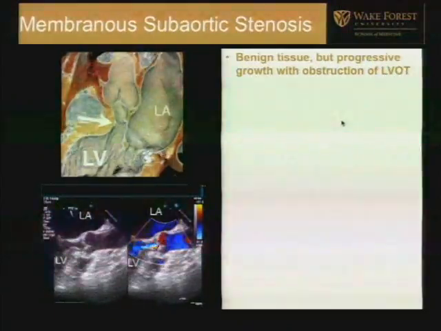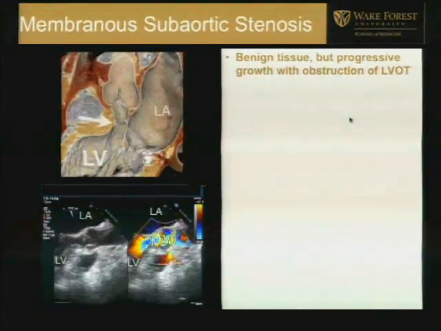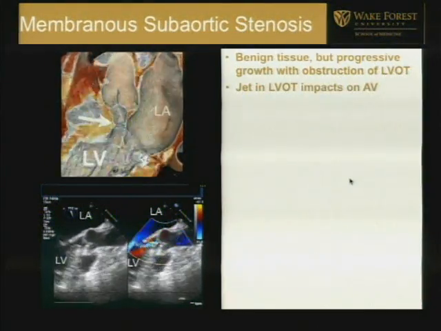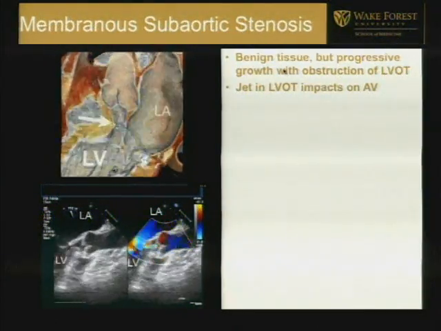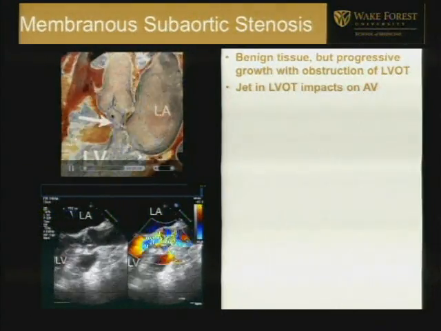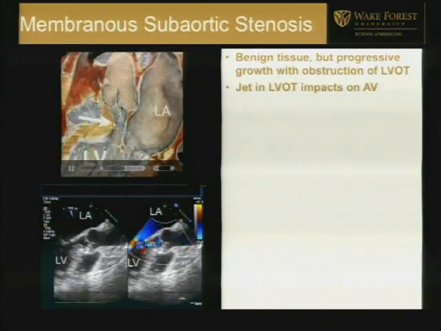It's oftentimes thought of as a benign tumor, if you will. It shows progressive growth and eventually will obstruct the left ventricular outflow tract and result in symptoms. The jet in the left ventricular outflow tract, this narrows it so you get high velocity going through the left ventricular outflow tract, and that jet will impact upon the undersurface of the aortic valve.